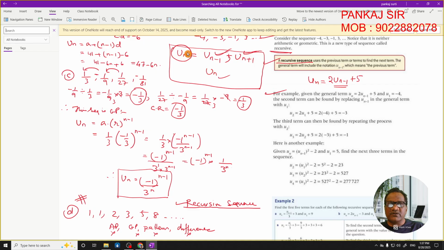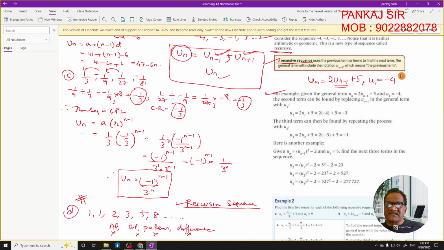I told you that in the general term of recursive sequences you will see such notations, un minus 1, un plus 1. Moreover, he says that u1 is equal to minus 4. So the first term is also given: u1 is equal to minus 4.